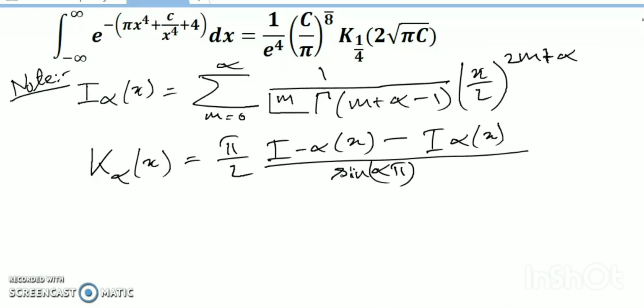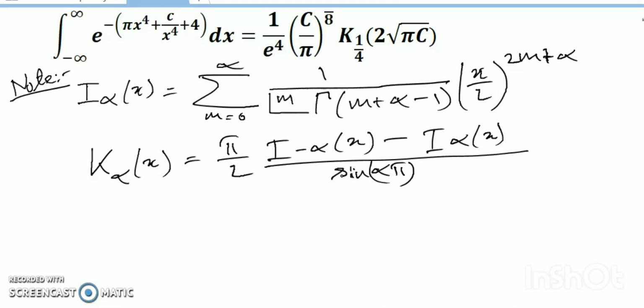These are chosen to be real valued for real positive arguments x. The series expansion of I alpha is thus similar to J alpha without the alternating minus 1 to the power m factor. Okay, this formula is important for solving this problem.